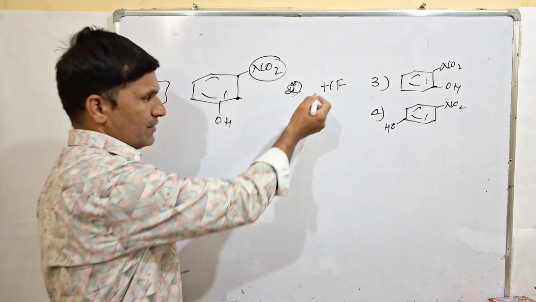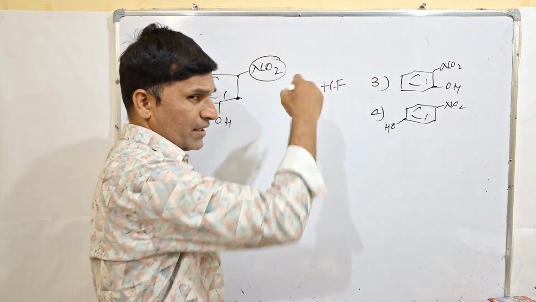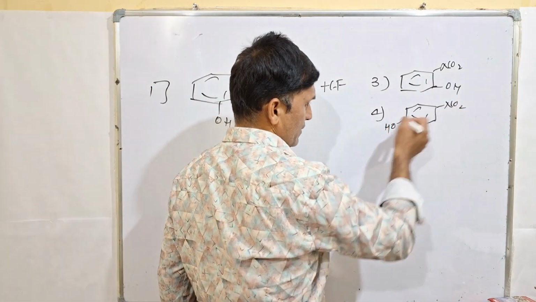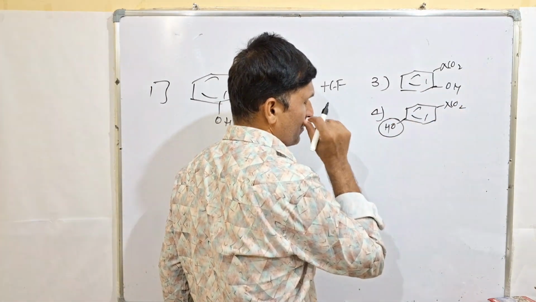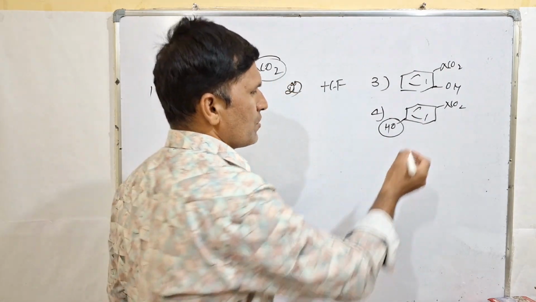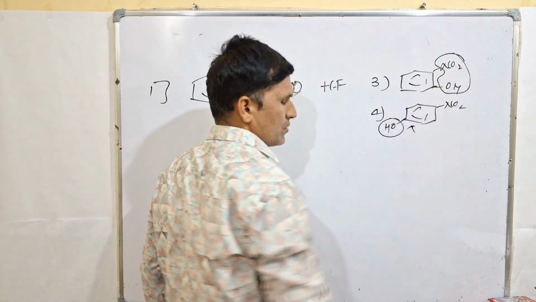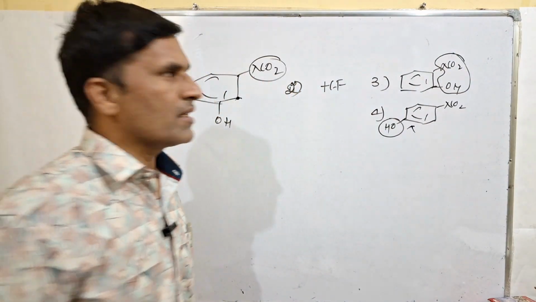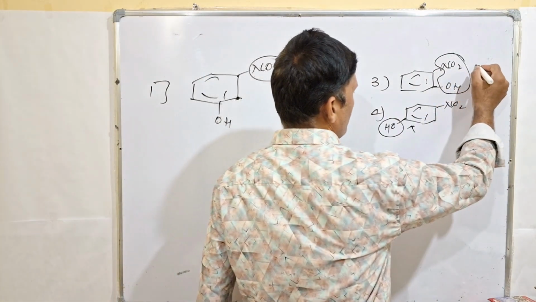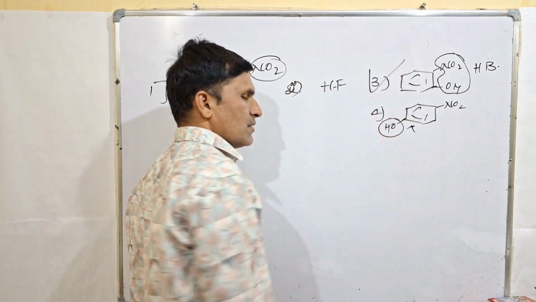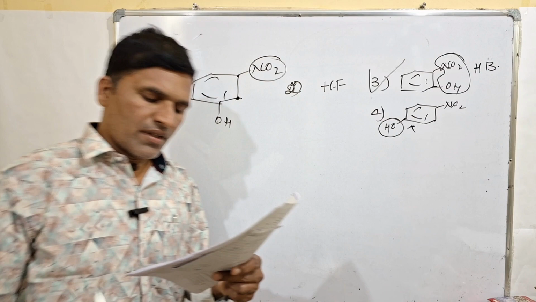And HF is a diatomic molecule, so intramolecular bonding is not possible. In these two, the hydroxy group is in the para position with respect to the nitro group, so here also it is not possible. But these two are ortho to each other, so here we are going to find profound hydrogen bonding. So your option is 3. Let us move on to the next question.